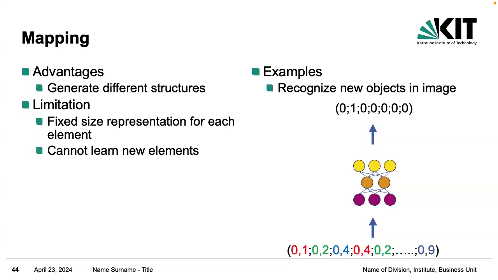So you cannot learn a new concept easily. Especially if you think again about image recognition, then it might not be the best way of doing it, because once you trained it, you can recognize your 10,000 objects. But if now there is a new object which you would like to recognize, that is not possible. You cannot easily add some type of new object in order to generate that.